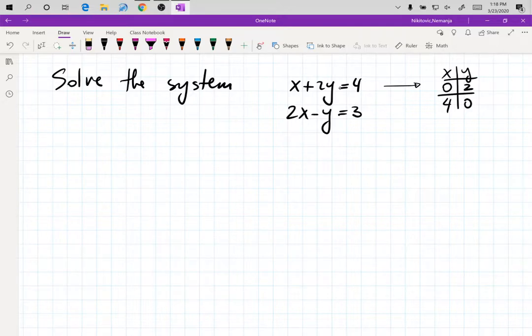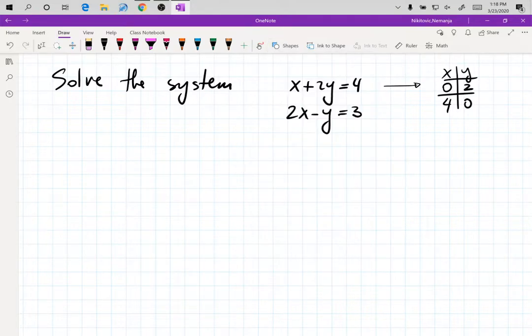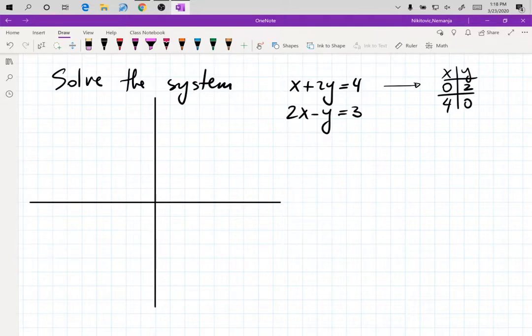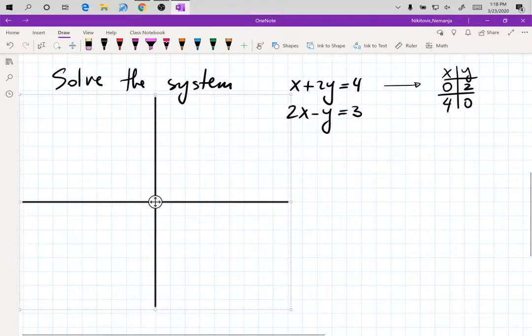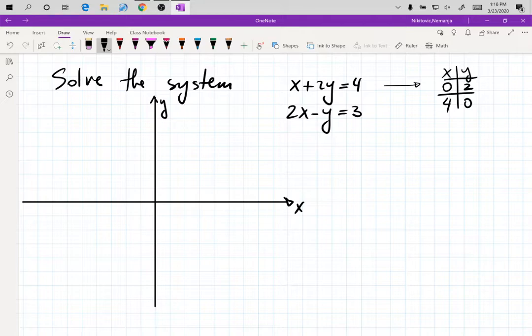So we draw the xy plane. I'm just going to steal it from the menu over here. We label our axes y and x.